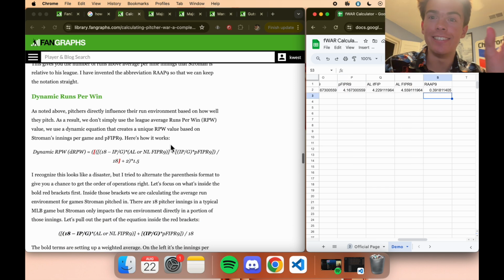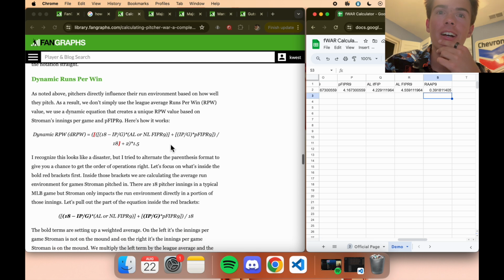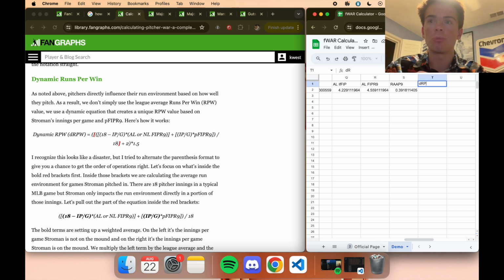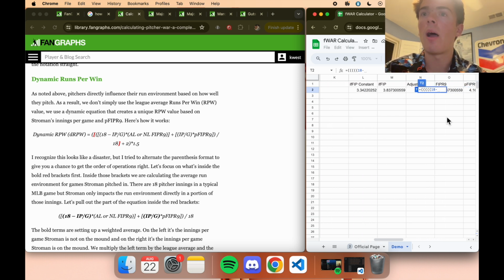Okay, this is the most difficult stat to deal with because there are so many parentheses. So dynamic runs per win equals parenthesis 18 minus, I think now I need to collect the game's stats.